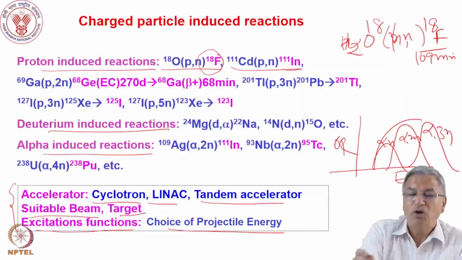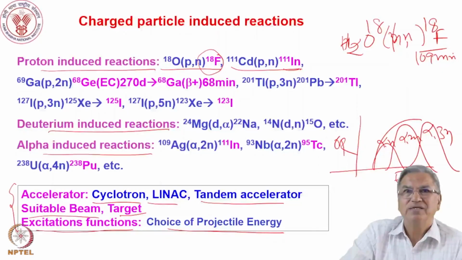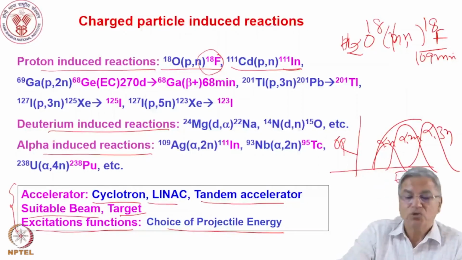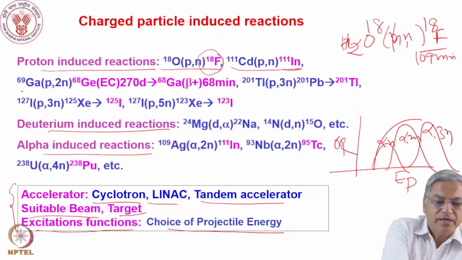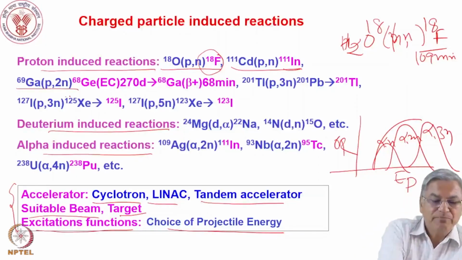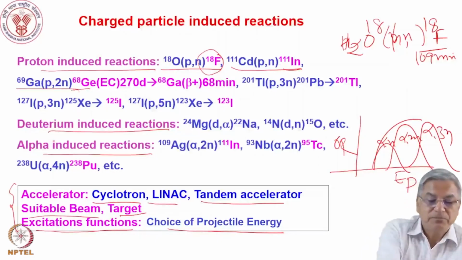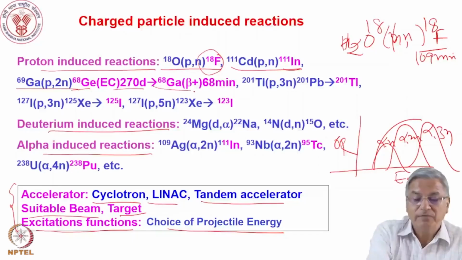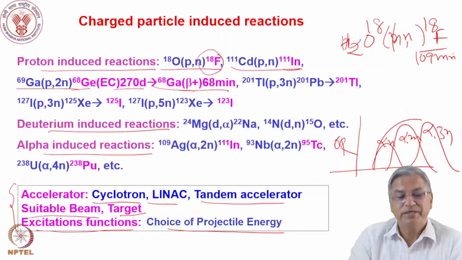Indium-111 is also used in the diagnosis of diseases. Indium-111 emits beautiful gamma lines in the 100 to 200 keV range, so it is also used in genetics. Another isotope: gallium-69 with a p,2n reaction gives germanium-68. Germanium-68 has a half-life of 270 days and decays to gallium-68, which is a beta plus emitter, and hence a PET radioisotope.